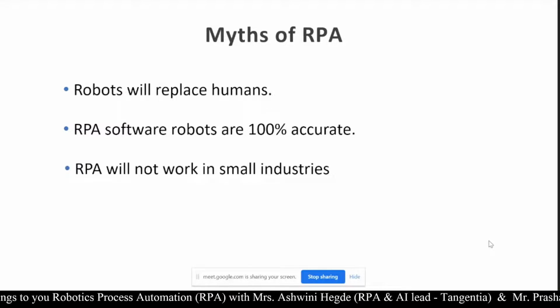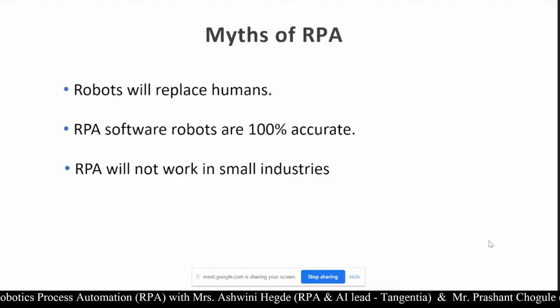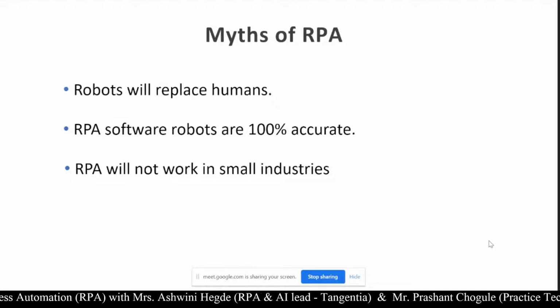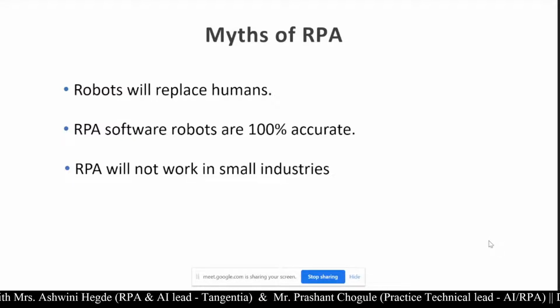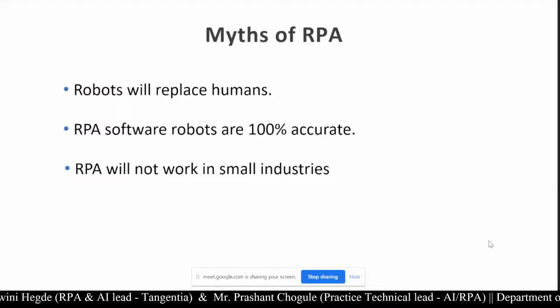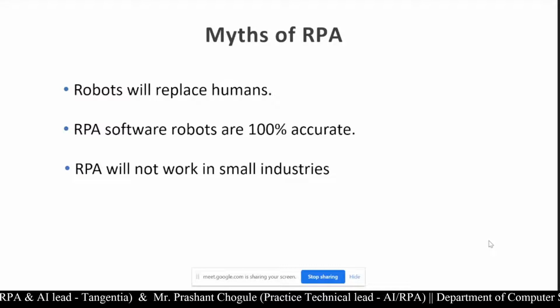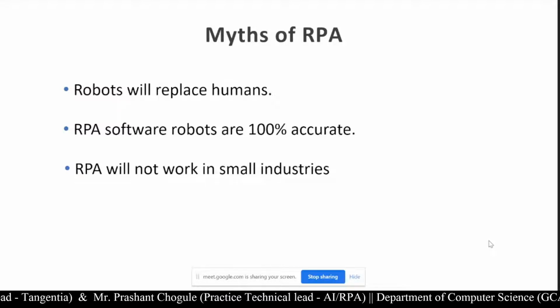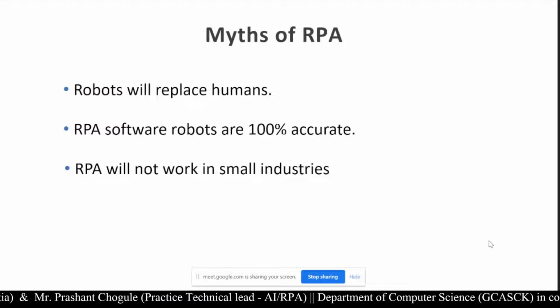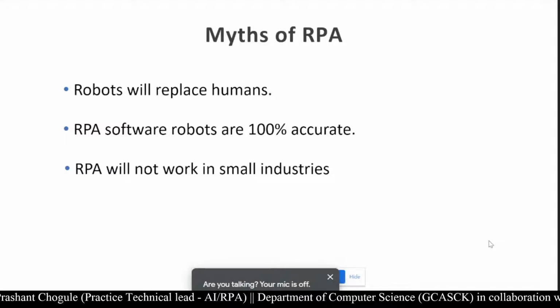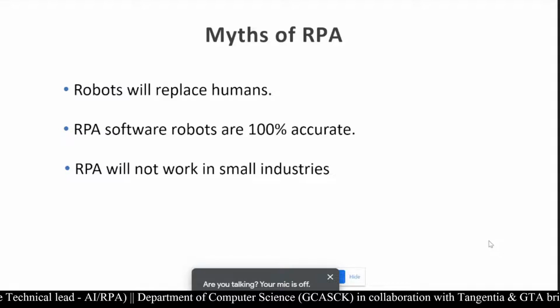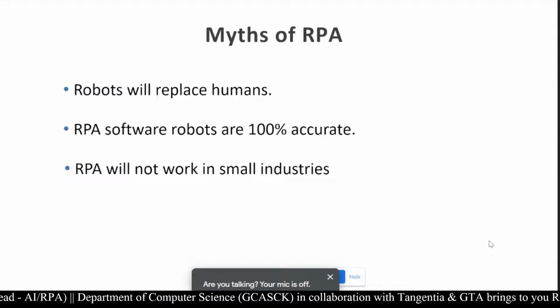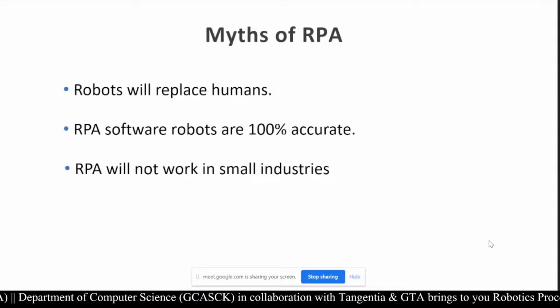To most of the extent, it is correct. But sometimes if you program it wrong, then the bots will not be accurate. If the bot building itself is wrong, then you cannot expect the bot to be 100% accurate. And then there are a lot of other dependencies also. You need internet, you need power, you need systems where it has to run.